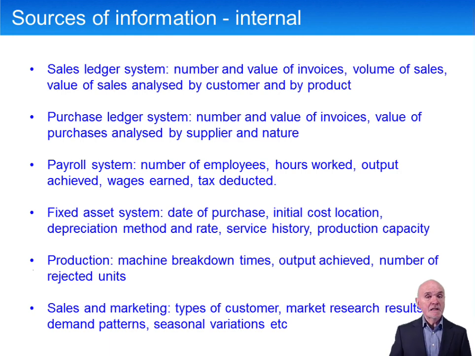Now, we can extend this a little bit away from conventional trading and manufacturing organizations into not-for-profit organizations. They tend to have less standard types of information, but just a little bit of imagination can easily generate some ideas. So if we think of a hospital, what sort of internal information would be useful? Obviously we can get costs of staff.